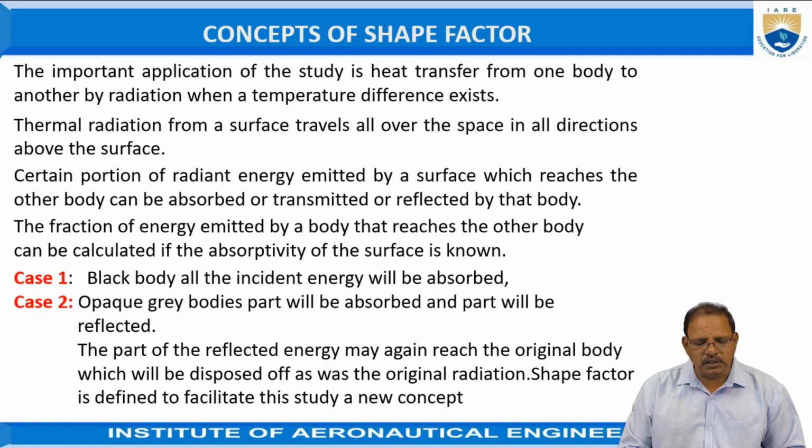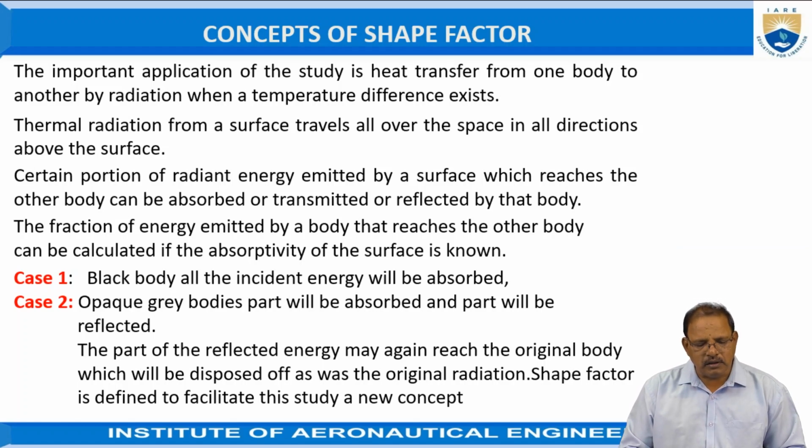But only a certain portion of the radiant energy emitted from that surface reaches the other body, where it can be absorbed, transmitted or reflected by that body. The fraction of energy emitted by a body that reaches the other body can be calculated if you know the absorptivity of the surface.